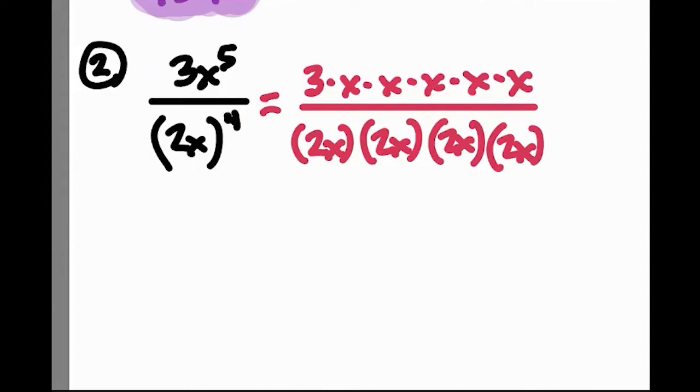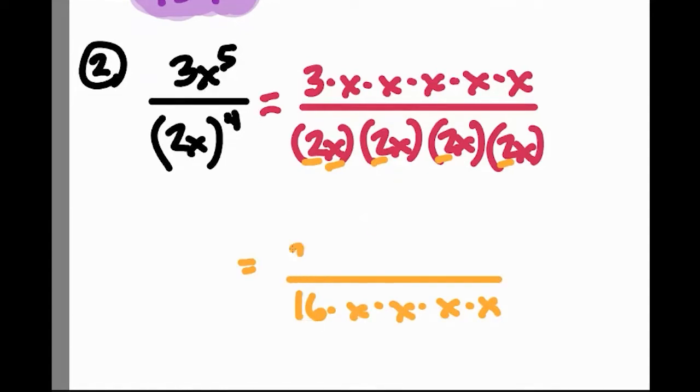Okay. From here, you can combine all the numbers. So there's a 2, 2, 2, and 2. So 2 times 2 is 4, times 2 is 8, times another 2 is 16. So at the bottom, you can have a 16 times all these x's. Actually, I'm just going to write down all the x's over again. And we still have the 3 times, and then the 5 x's at the top.